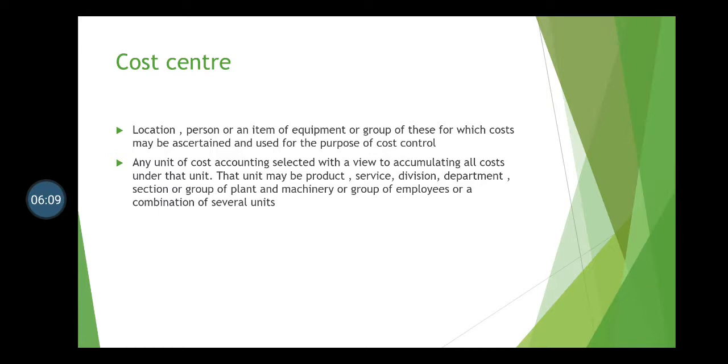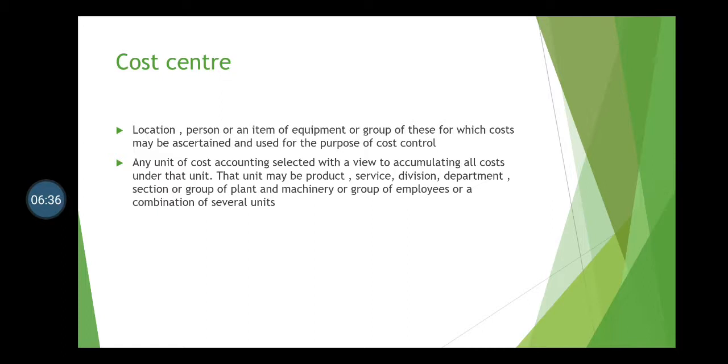Now product A is a cost center, product B is a cost center, similarly product C and product D are cost centers. Now service. There are different departments which provide services to the production departments, like a transportation department, power department. So transportation department is a cost center, power department is a cost center. Now there are different divisions. For example, in case of a textile mill, there are different divisions like a spinning unit, weaving unit, finishing unit and all.